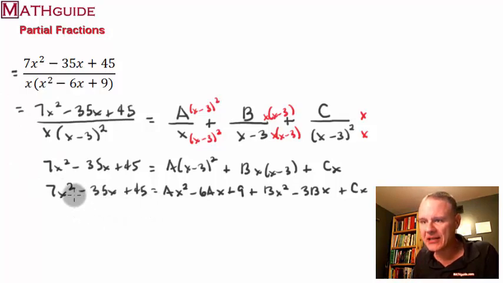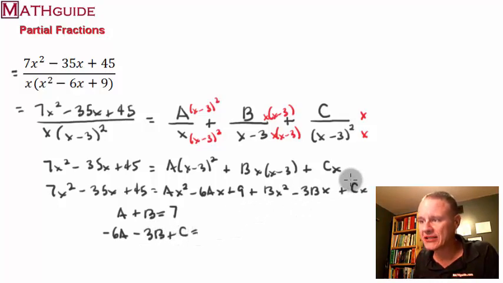Okay, that means that this 7 has got to be equal to, over here, I got a, I've got b. When I add a and b together, which are squared terms, it's got to equal this squared term. Let's see. I've got the x terms here. The x terms on the right side are negative 6a, I got a negative 3b, and I even have the c.